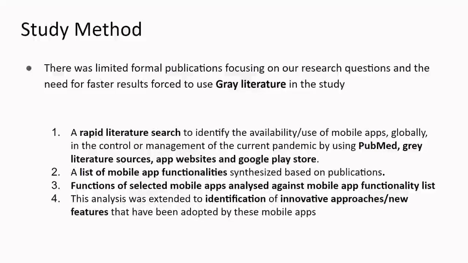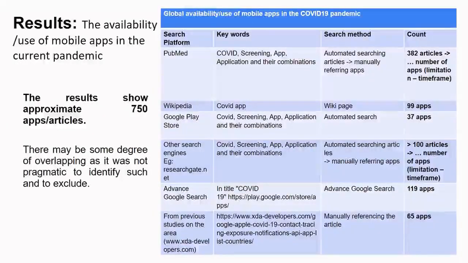Then we created the list of functionalities. Then we selected a set of mobile apps implemented around the world. We selected 12 applications. Then we also tried to identify innovative approaches, as I mentioned earlier.